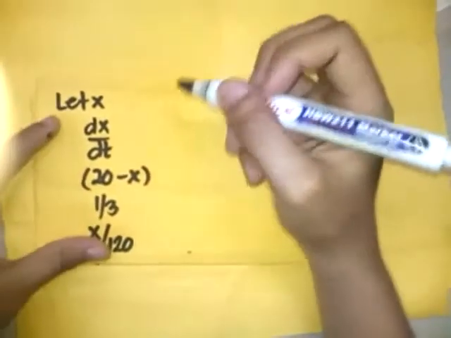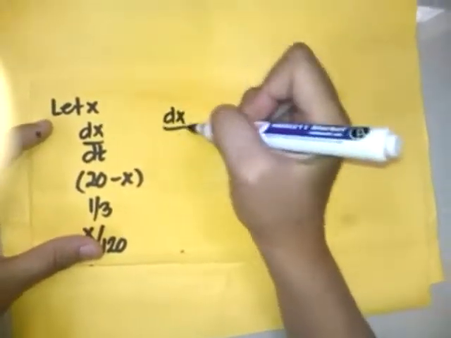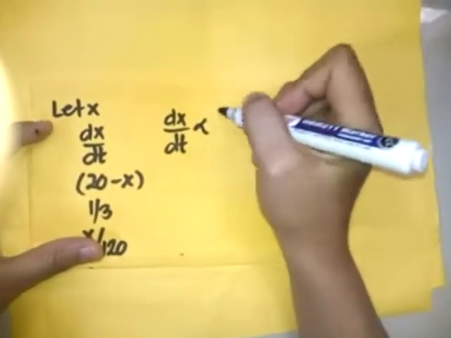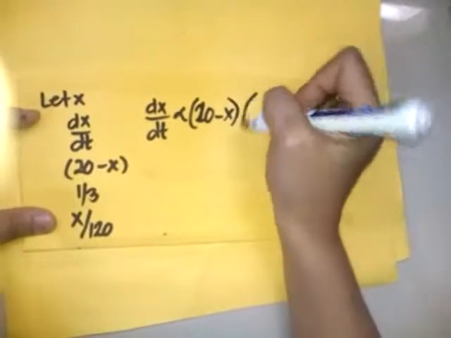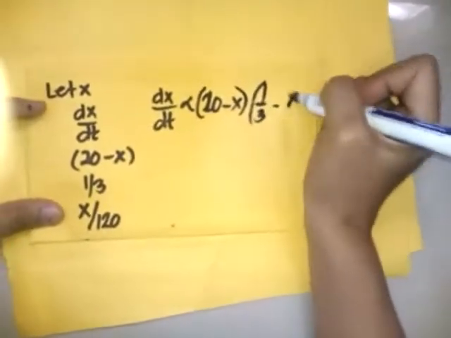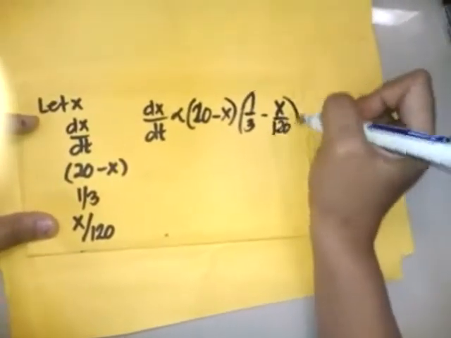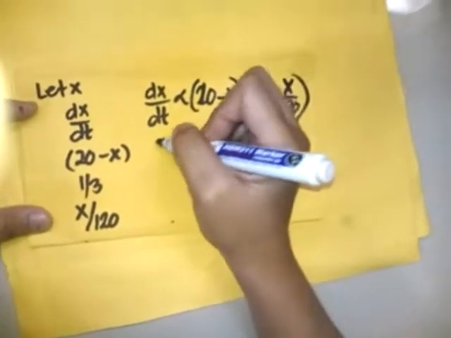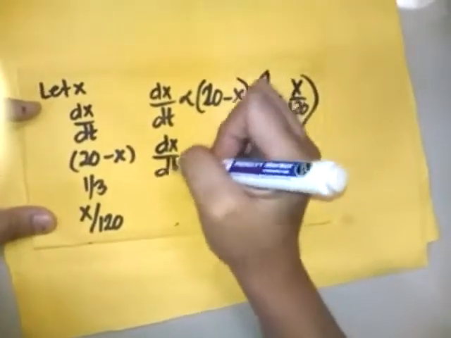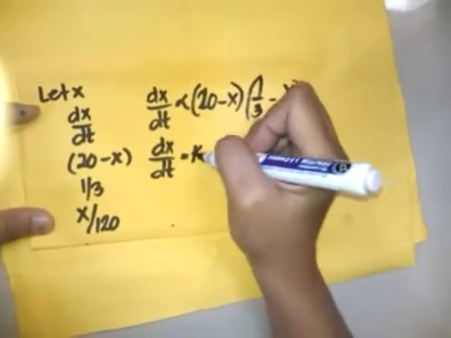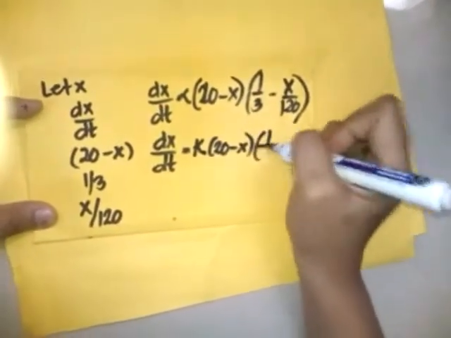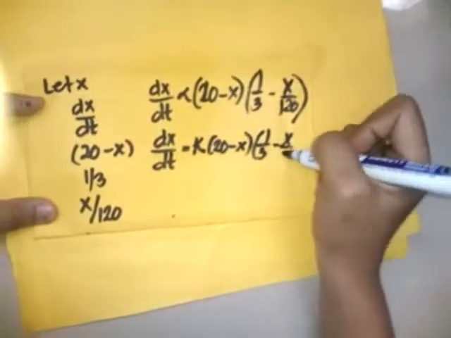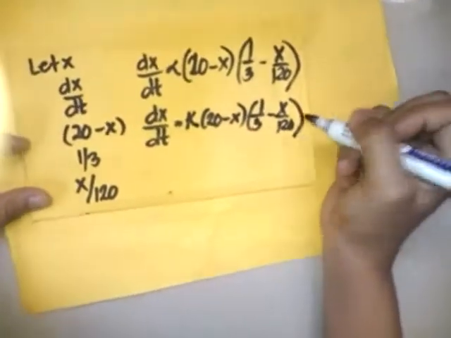It is said that the rate at which a solid substance dissolves is directly proportional to the product of the amount of undissolved solid and the difference between the saturation concentration and the instantaneous concentration. This expression would then be dx over dt equals k times (20 minus x) times (1/3 minus x over 120), where k is the proportionality constant.